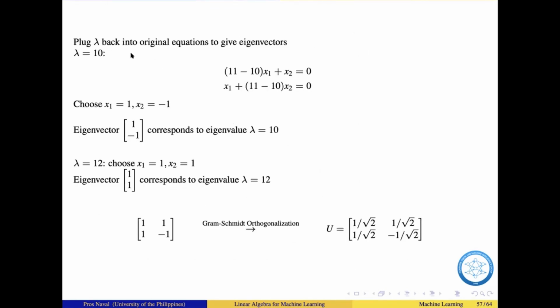So we plug back into the original equations our result for lambda equals 10. We just put in 10 there, and we choose x1 equals 1 and x2 equals minus 1. So now we have this eigenvector that corresponds to the eigenvalue equal to 10.